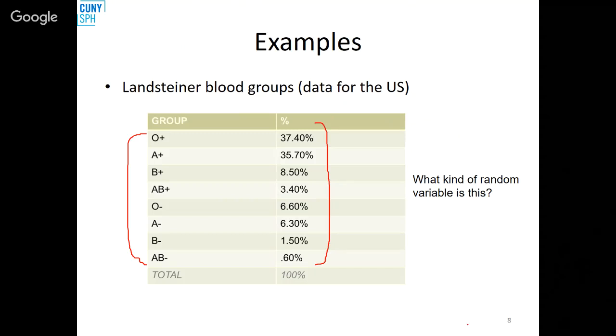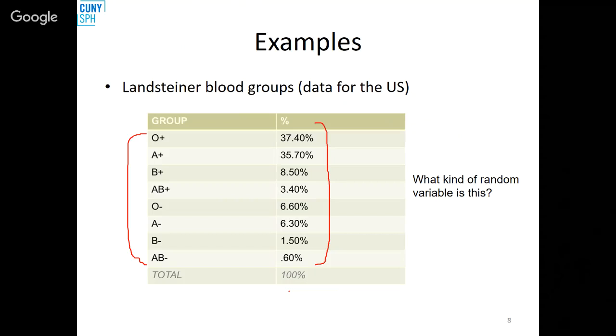And all of these events together, are they exhaustive? They are exhaustive because they add up to 100%.